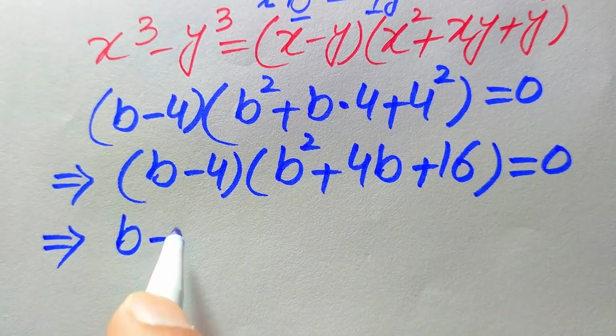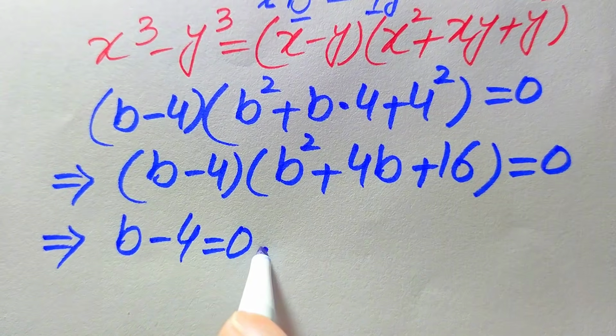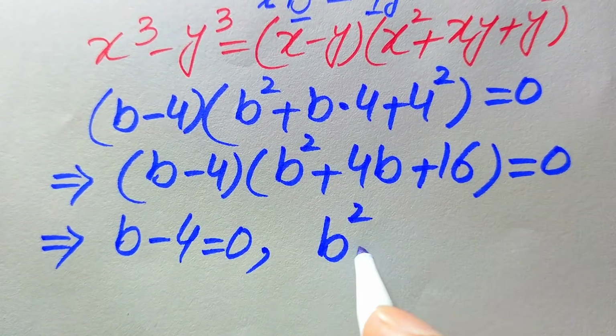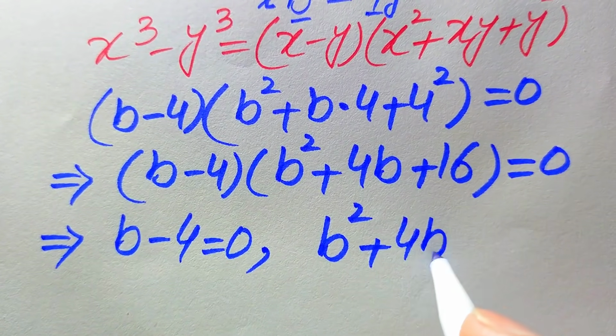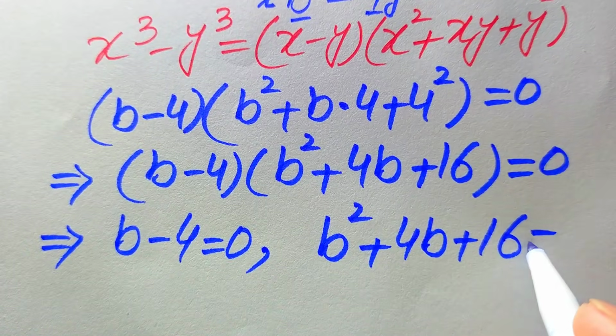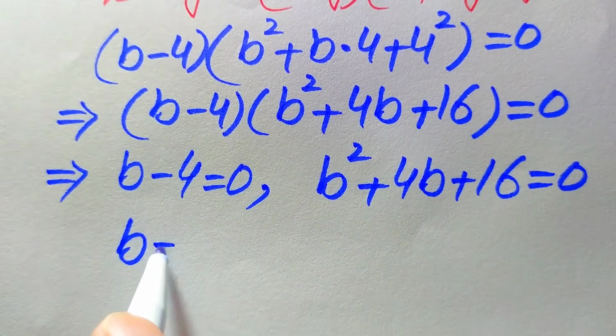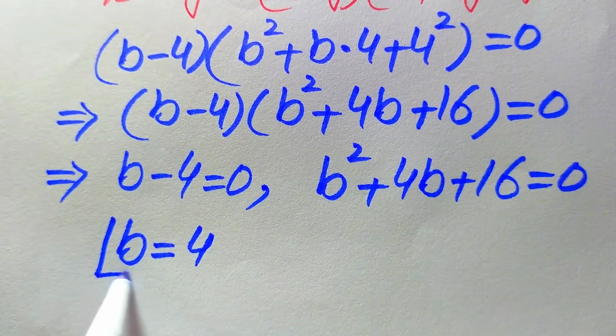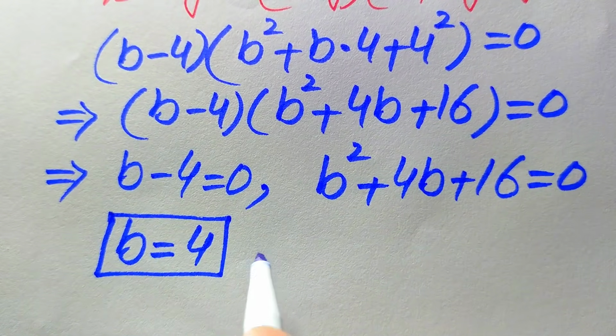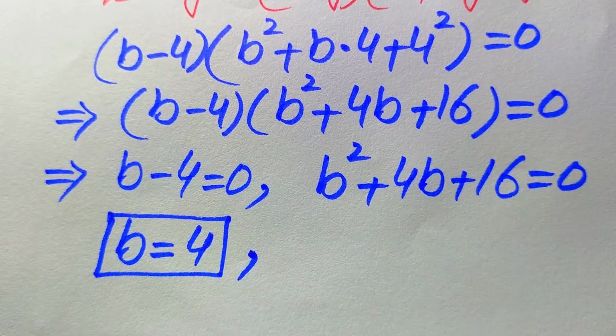The first case is b minus 4 equals 0, and the second case is b square plus 4b plus 16 equals 0. From here we move minus 4 to the right hand side, and we get the value of b equals plus 4. So this is the first real root of the given equation.